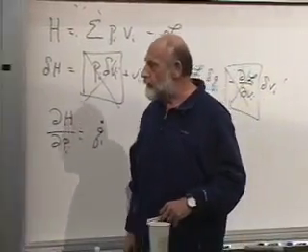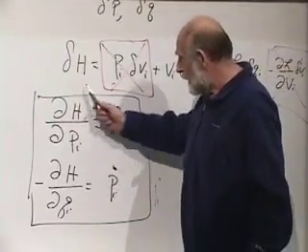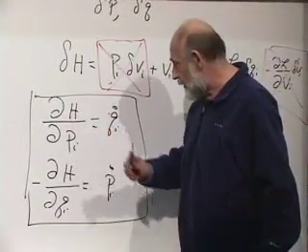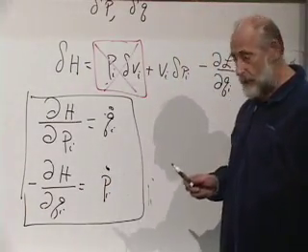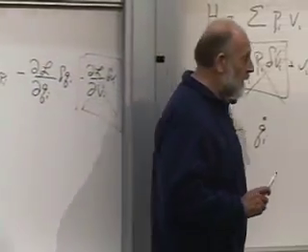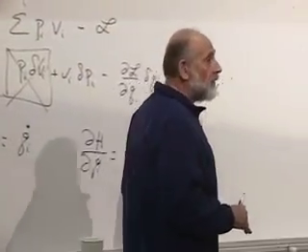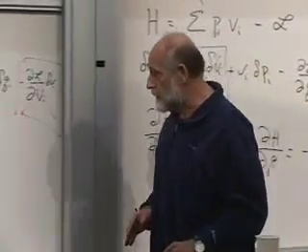If you know p and q, you plug it into H, calculate the derivatives dH/dp and dH/dq. If you know p and q, then you immediately know p dot and q dot. So it reduces mechanics to a system of first-order equations for p's and q's.